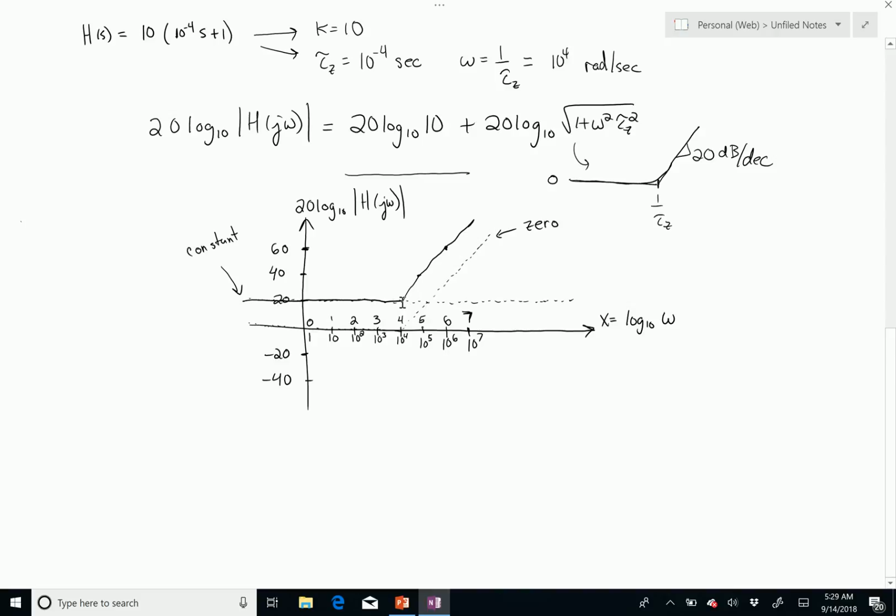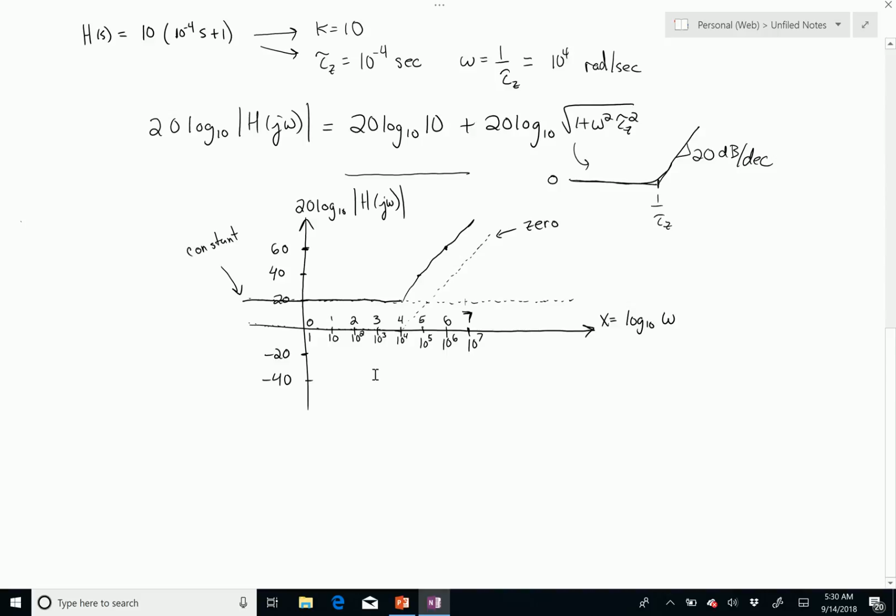By the time I get to 10 to the 5th, the constant is equal to 20, and the 0 is equal to 20, so I have 20 plus 20 is 40. By the time I get to 10 to the 6th, this guy is at 40, the constant is still at 20, so I have 40 plus 20 is 60. Really what I did was I took this whole 0 line and shifted it up by 20. That's the other way to think of it.